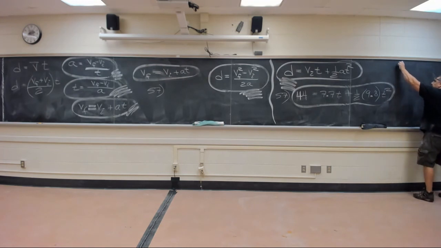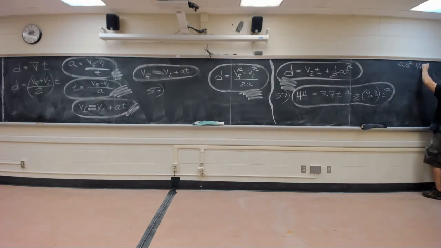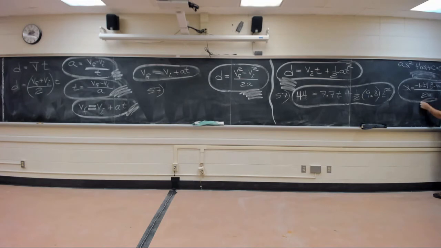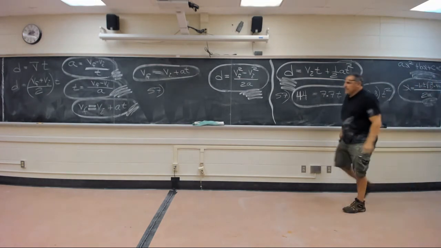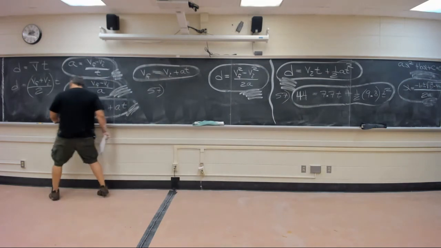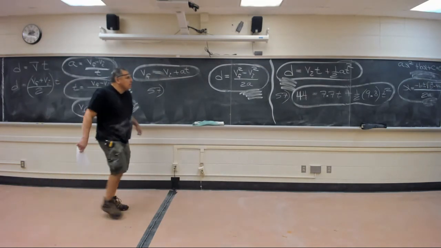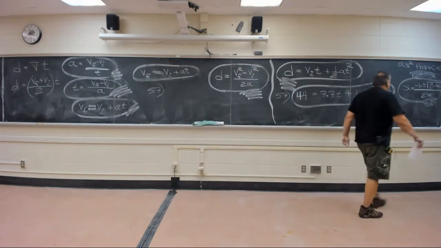Do you remember that ax squared plus bx plus c equals 0? x equals the opposite of b plus or minus the square root of the quantity b squared minus 4ac. You remember that? We remember this right here.